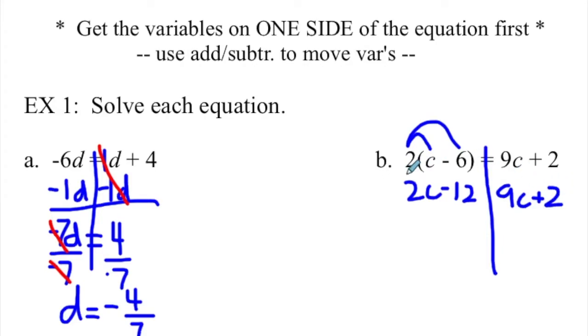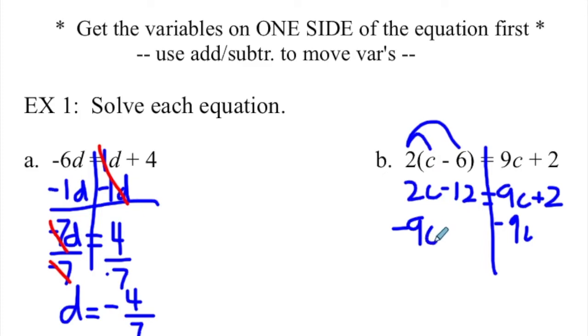So now I have C's on the left and C's on the right. So I need to get all of those collected together. So if I try to collect all of my C's to the left, I'm going to need to do the opposite of positive 9C, which is to subtract 9C. When I do that on the left-hand side, I'm going to line that up over here under its like term.